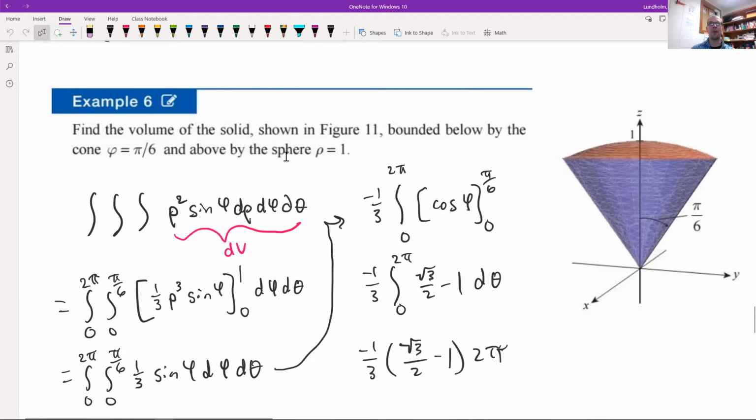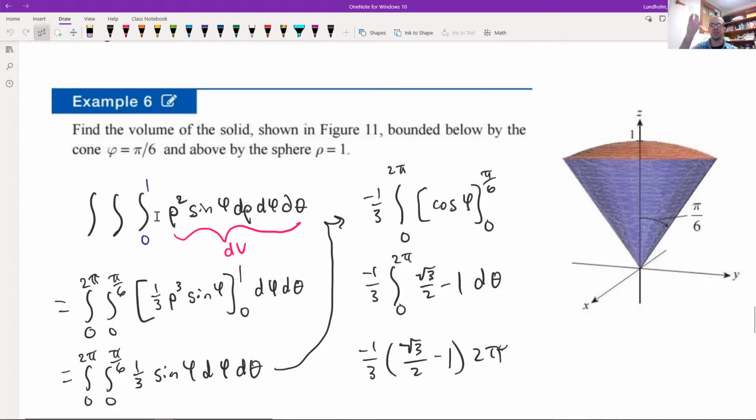And since we're bounded above by a sphere of rho equals 1, we're going to be starting off at the origin as our inner radius, and then out to 1 as our outer radius. So this will be 0 to 1 for rho.